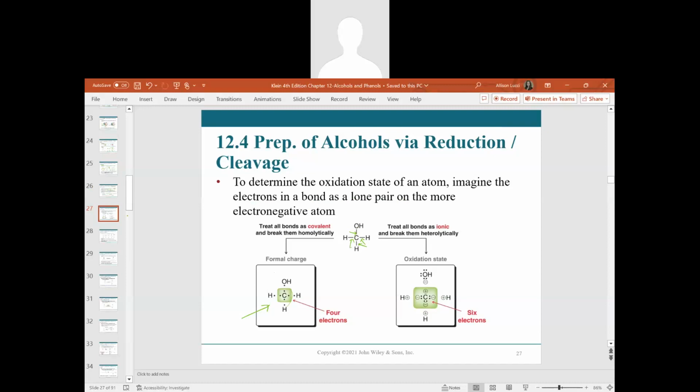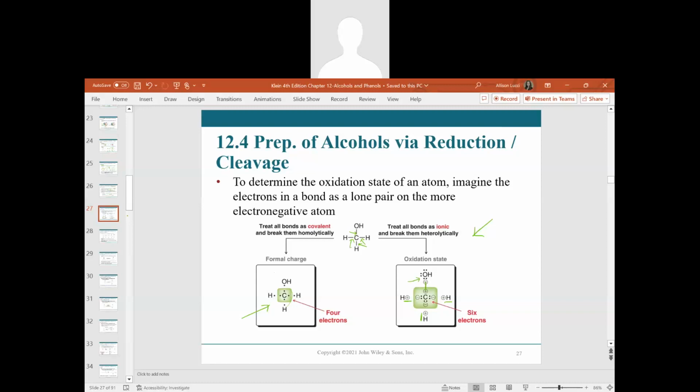Our carbon, we could do this another way. We could treat all the bonds as ionic, and we would have this result here. Carbon would steal all the electrons from hydrogen. These would be H pluses now, and carbon would have 6 electrons. And in this case, oxygen would steal the electrons from the C-O bond.